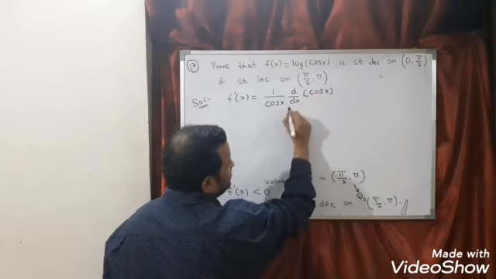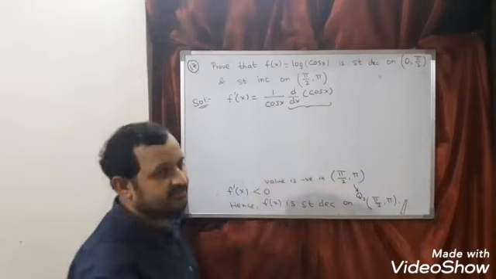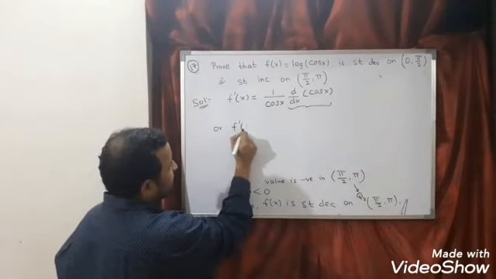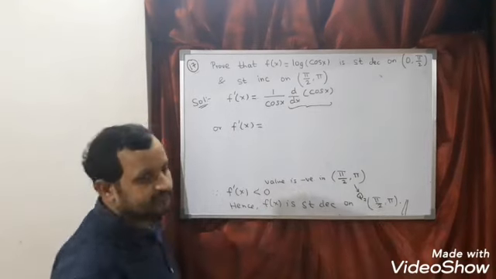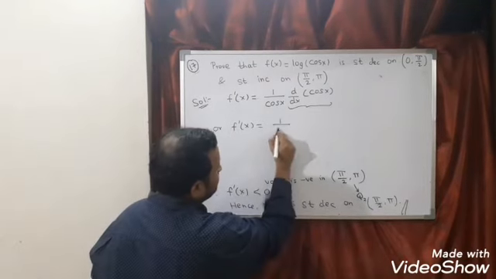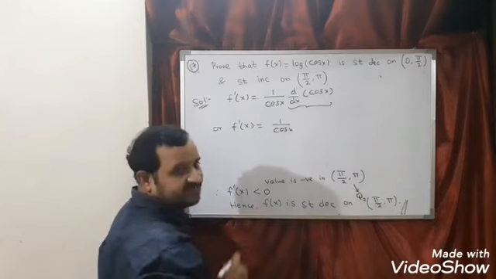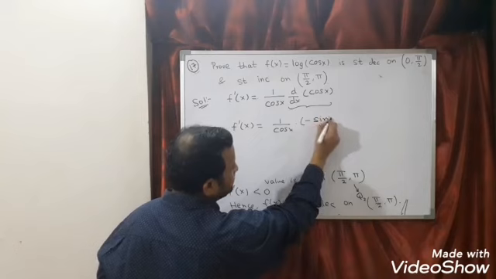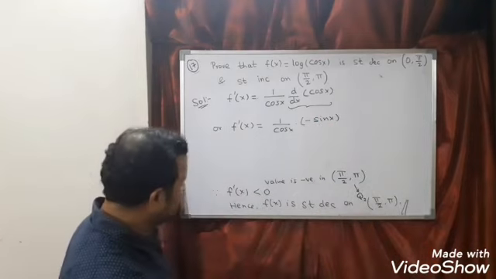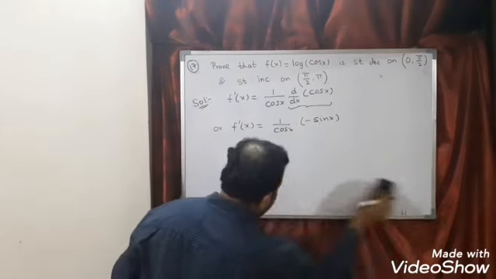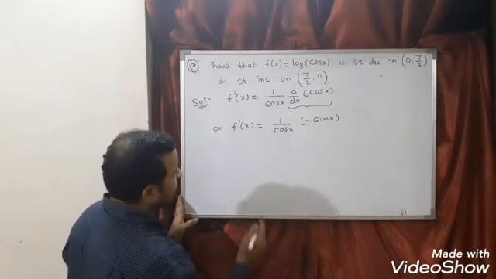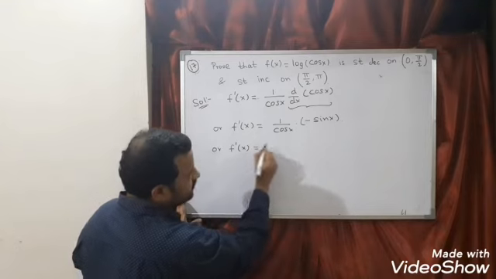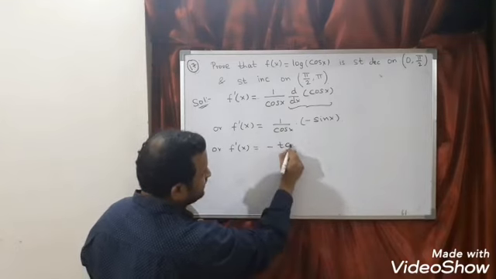I think it is clear, this is nothing but principle of chain rule. What is the differentiation of cos x? Differentiation of cos x is minus sin x.